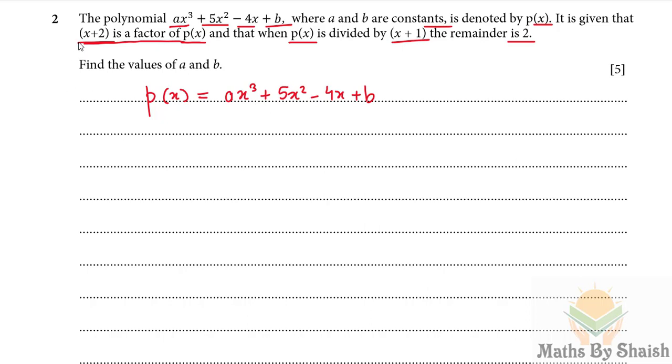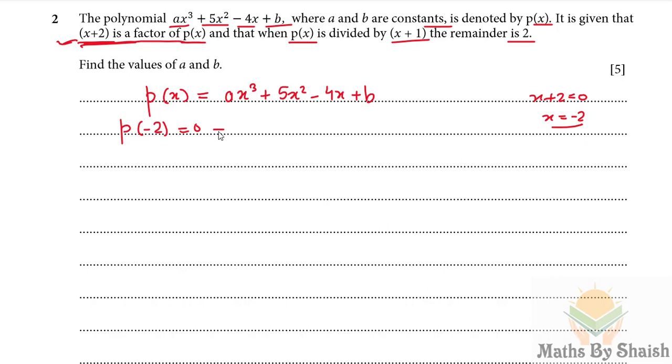By the factor theorem we should have p of minus 2 equals 0 because x plus 2 is a factor. If we solve x plus 2 equals 0, we get x equals minus 2. So p of minus 2 has to be 0 because it is a factor.